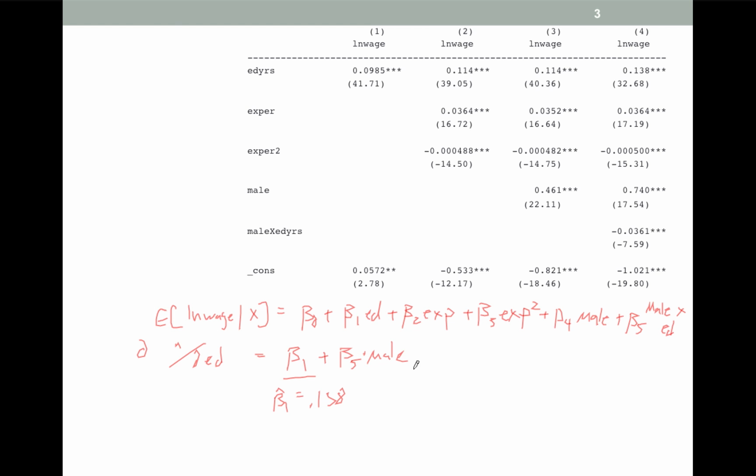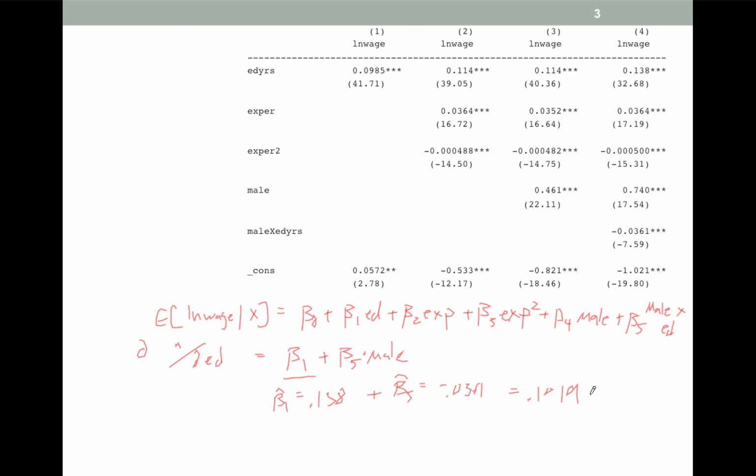Now for males, it's going to be beta 1 plus beta 5, that is, plugging in the 1 for male. Beta 5 in this case is the coefficient on the interaction, and that's minus 0.0361. And what we get when we add those two together is 0.1019, which is about 10.2%.